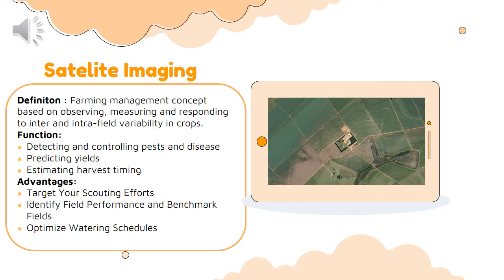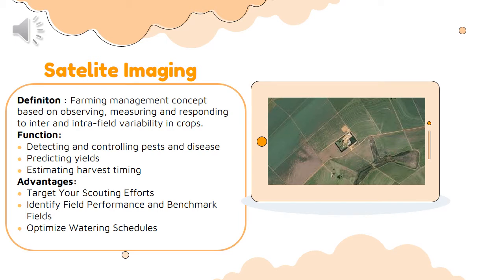The function of satellite imaging is detecting and controlling pests and disease, predicting yields, and estimating harvest timing. The advantage of satellite imaging is, first, target your scouting efforts. With weekly images being taken and analyzed by a satellite every week, farmers are able to detect trouble areas and optimize the scouting efforts in a much more targeted way.